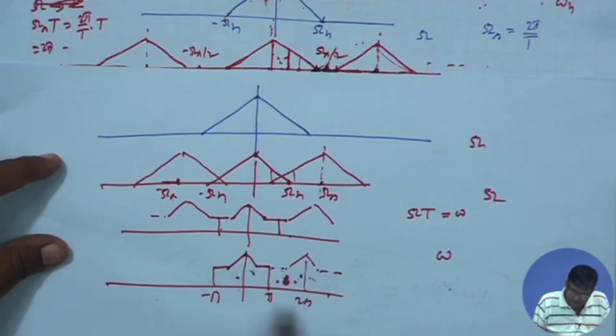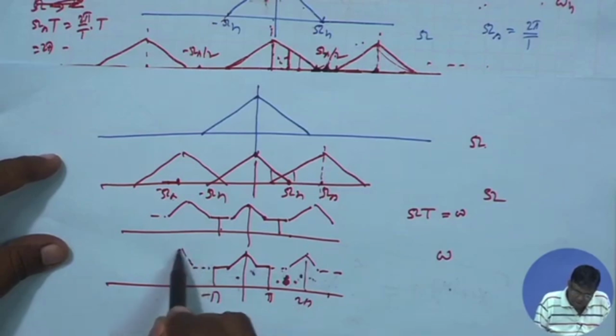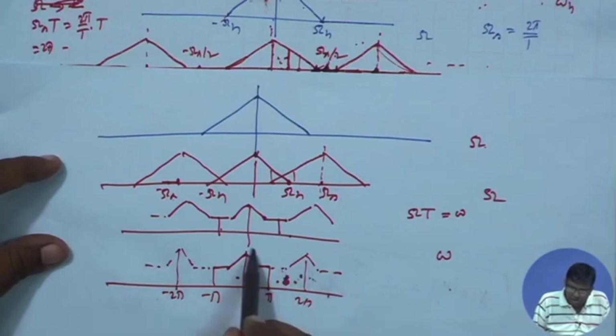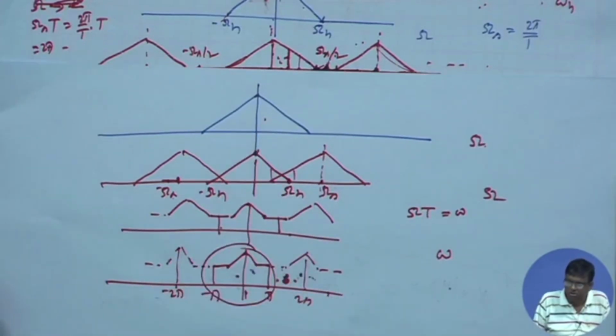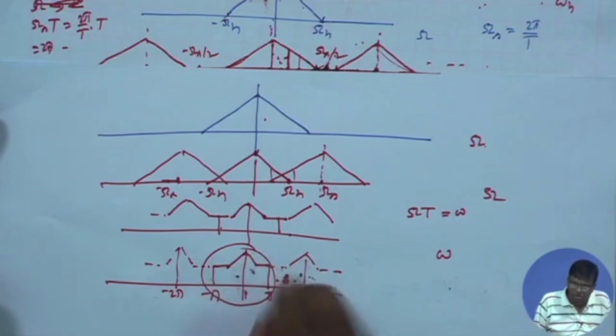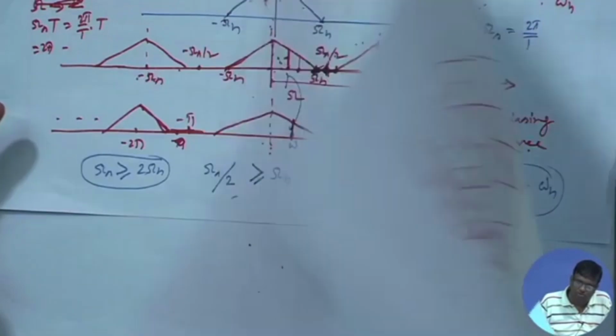This is 2 pi, like this. But from here this is not this, so your information is lost. So, this is the essence of this Nyquist theorem.